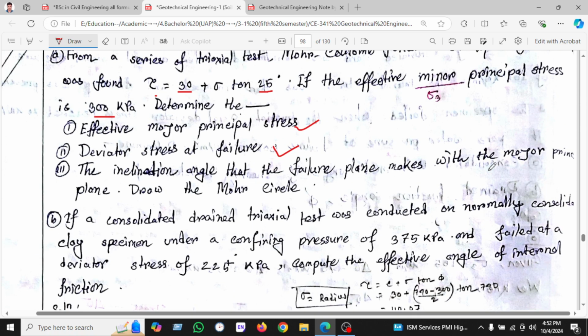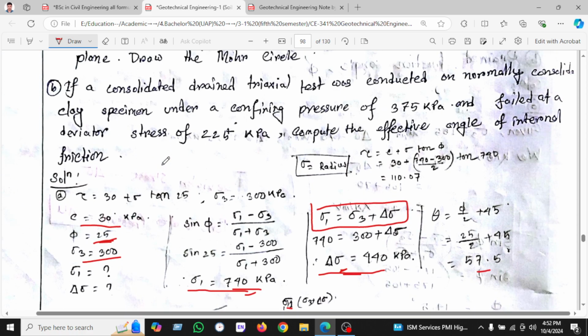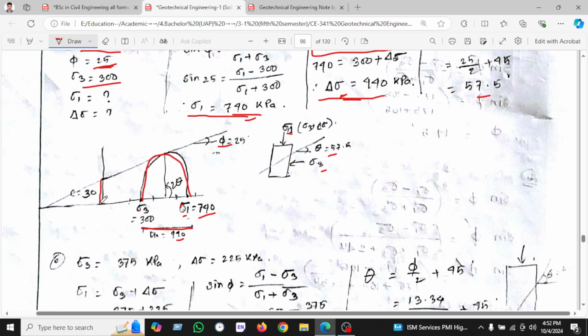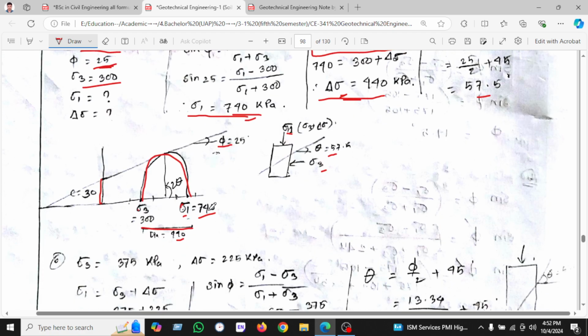And the failure plane with the major principal plane. Draw the Mohr circle. Here is our Mohr circle. We have drawn here, as this will be 30, because the equation is given here, the value of c, and this is the value of phi. So this is the Mohr circle drawing.